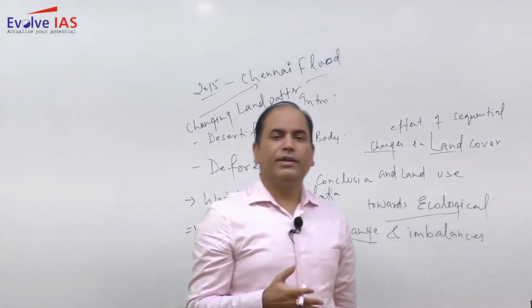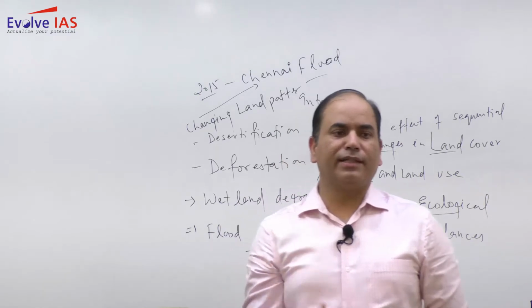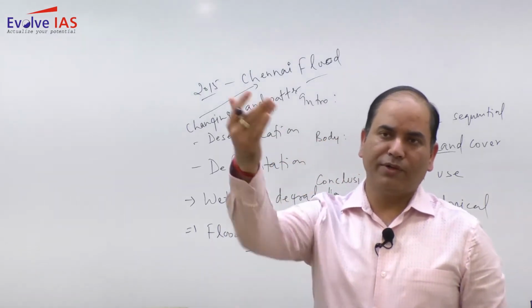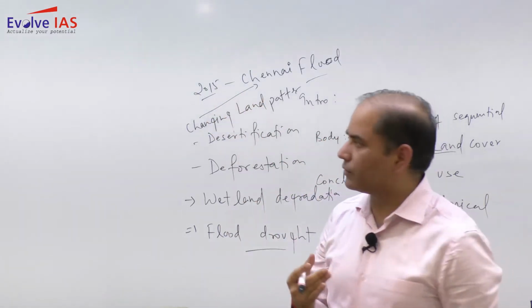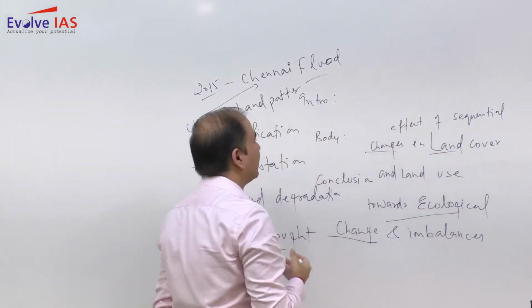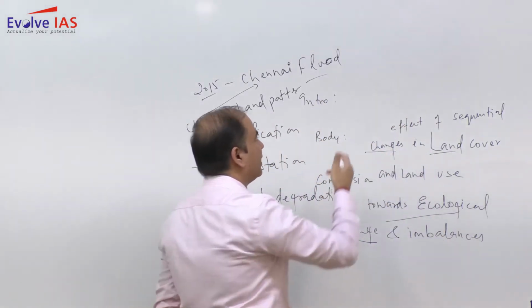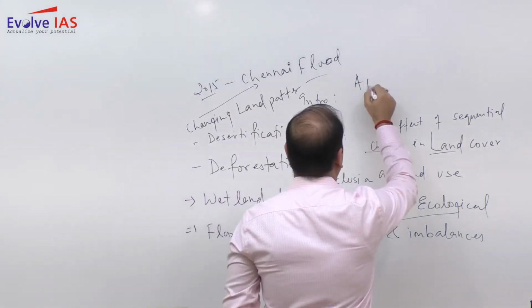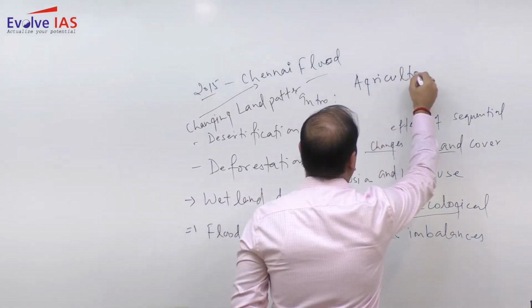Here you are not just supposed to write the recent changes that are happening, you need to trace it from history also. When humans evolved on this planet, right from the beginning, the first major change was associated with agricultural activity.